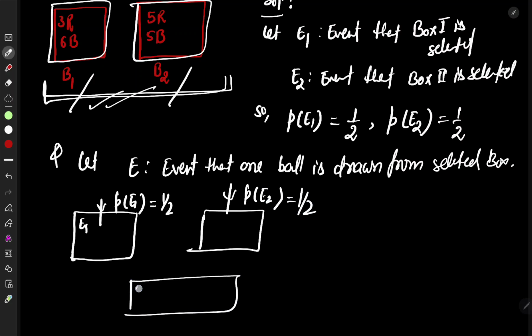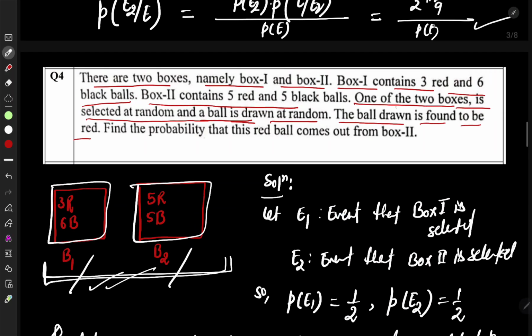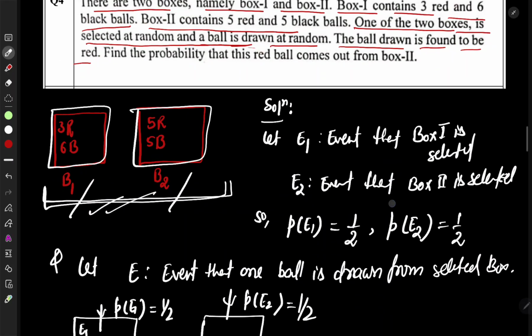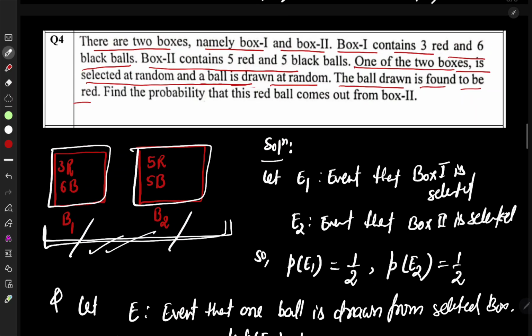And E is the event that a ball is drawn. So we write the probability of E when the selected box is box 1, and one ball is taken. The question says two boxes are selected and a ball is drawn, and the ball drawn is found to be red.